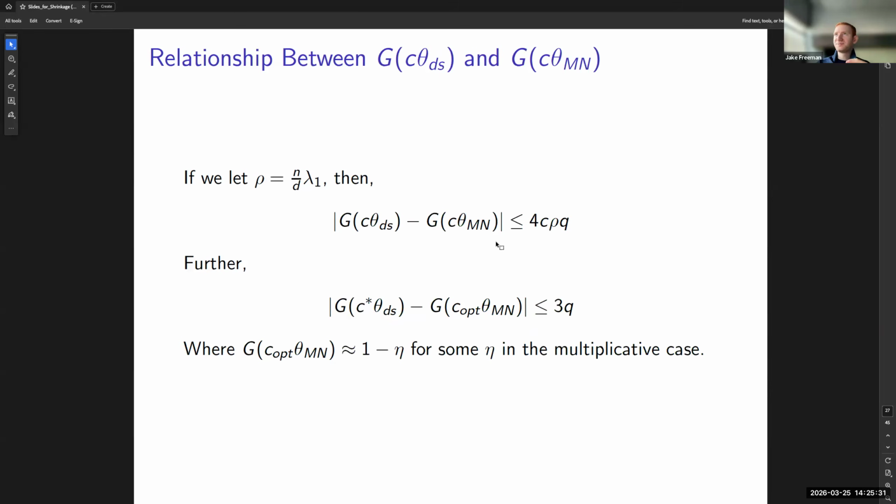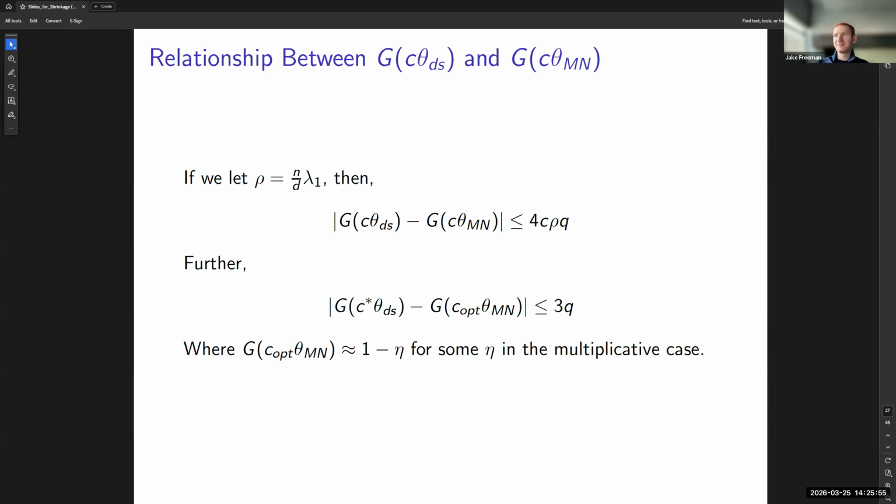All right. And so the next part of this is, how does our generalization error on our data splitting relate to our generalization error on our minimum norm, our regular non-data split predictor? And the answer is, it's pretty good.